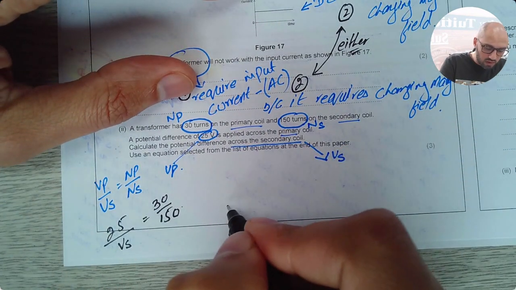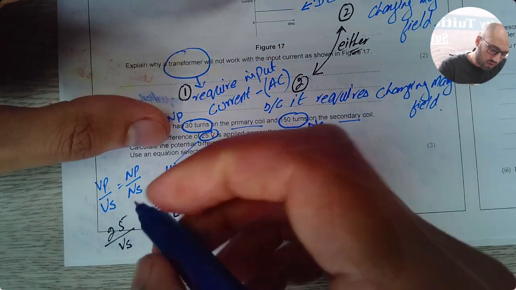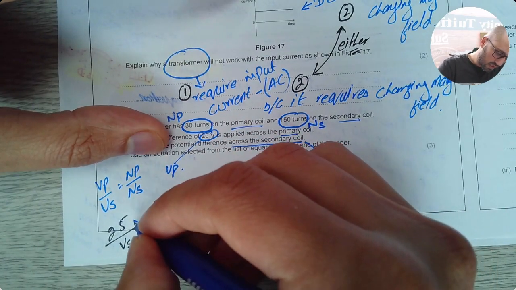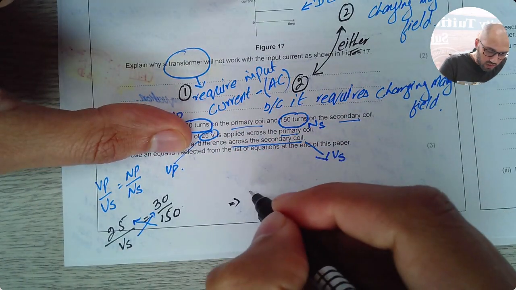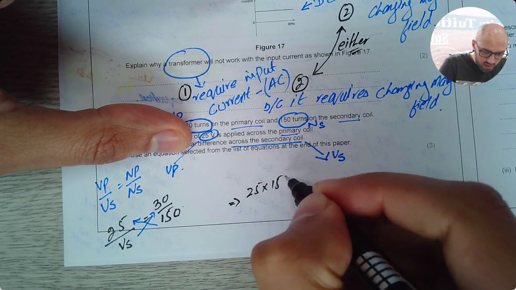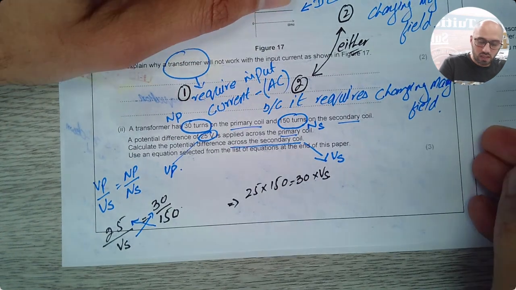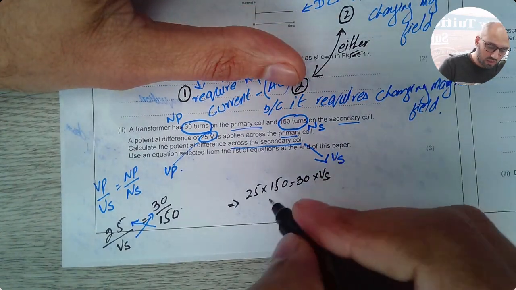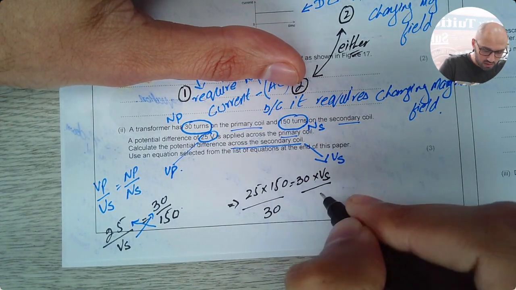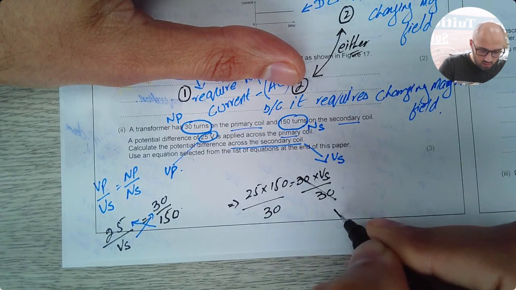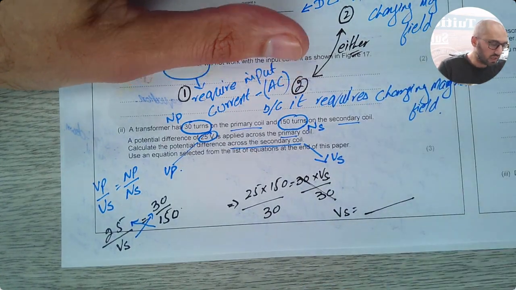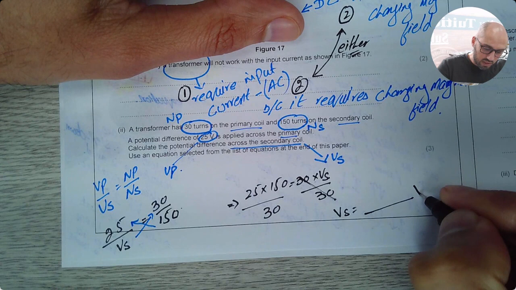So if you solve, you will cross multiply them and that will give you 25 times 150 equals 30 times Vs. We need to make Vs our subject. I can divide both sides by 30. This is gone and you will end up with the value of Vs from here, and that will be in volts.